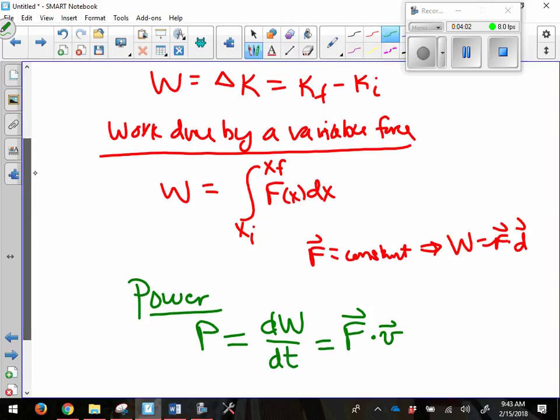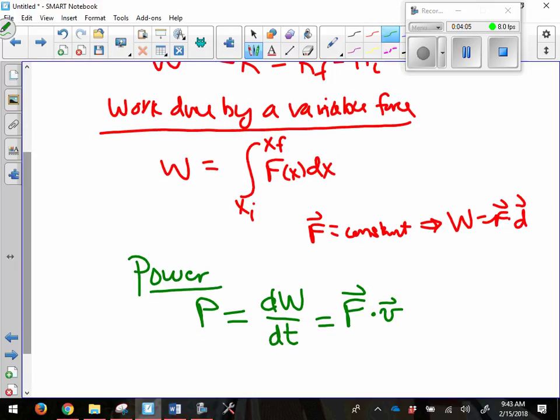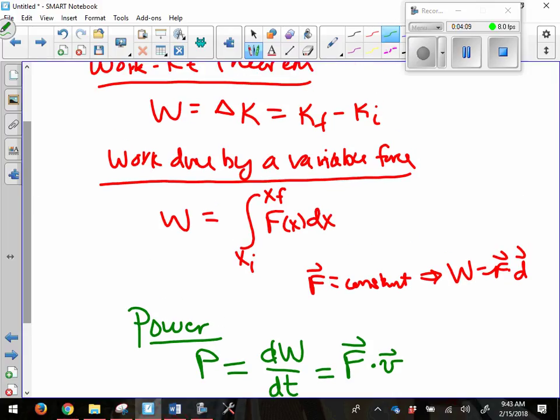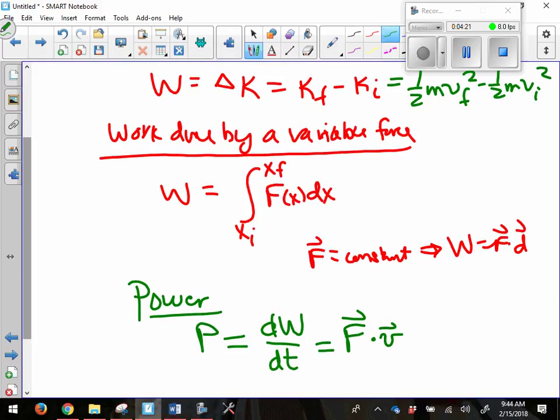So all of these things that we have up here, F's and V's and X's, and really we could rewrite our kinetic energies here as 1/2 mv final squared minus 1/2 mv initial squared. For the V's and the M's and all that stuff, we have rotational analogies to these that we can use. So let's see what we got.